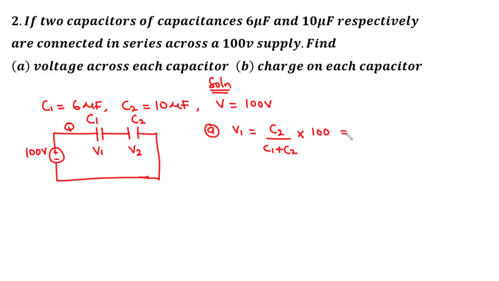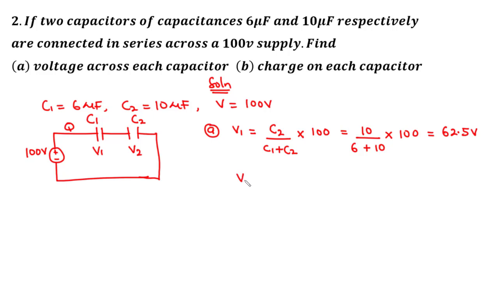Therefore, we are going to have C2, which is 10 microfarads, divided by C1 plus C2, and then times 100. Now, 10 divided by 16 times 100 is equal to 62.5. So that is 62.5 volts for V1.